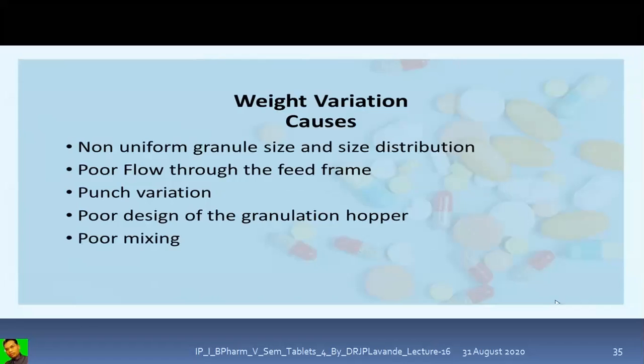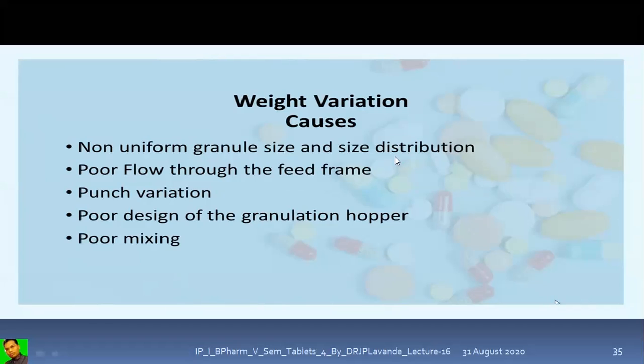What are the causes? The non-uniform granule size and size distribution. There is a need to have uniform granule size. That's why we always go for the process of sieving after the process of drying. The sieving leads to tablets of uniform size by retaining the granules on the sieve surface.